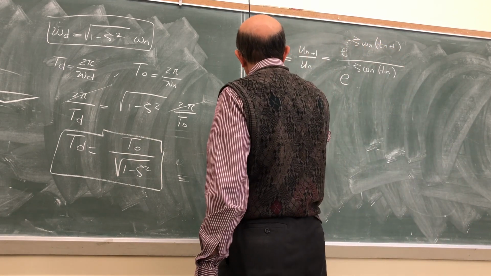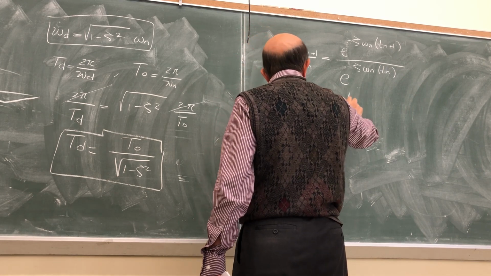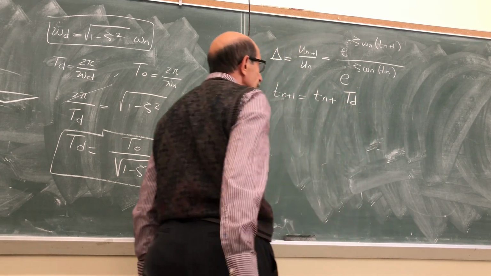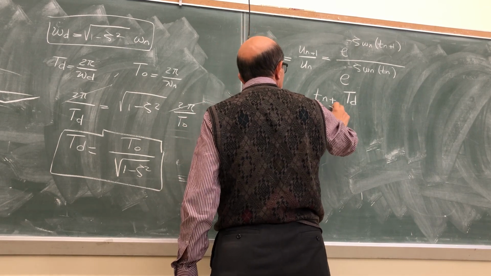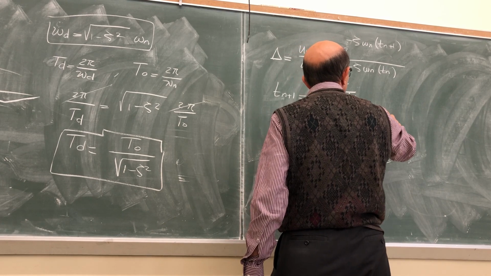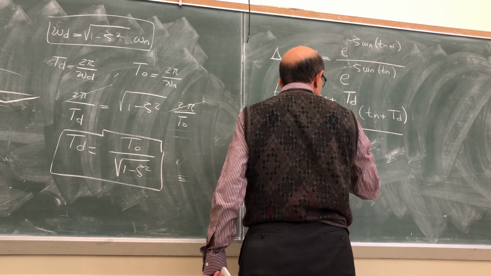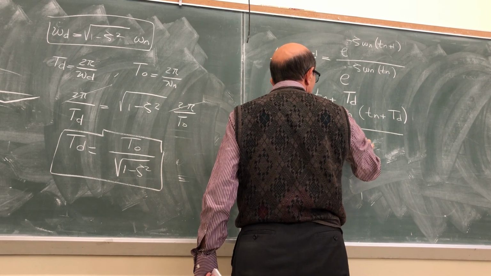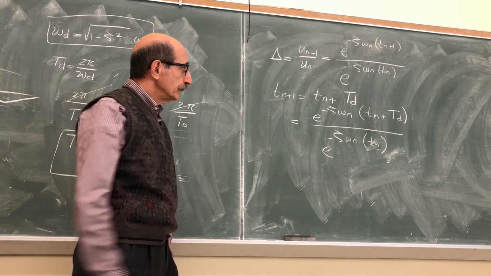But as I said, t n plus 1 is actually t n plus 1 period. So I just substitute that in there. So I will get e to the minus zeta omega n times t n plus Td. Here I have e to the minus zeta omega n t n, right?